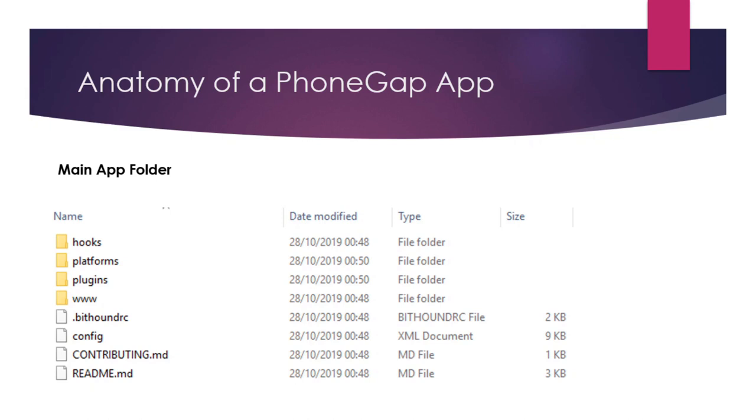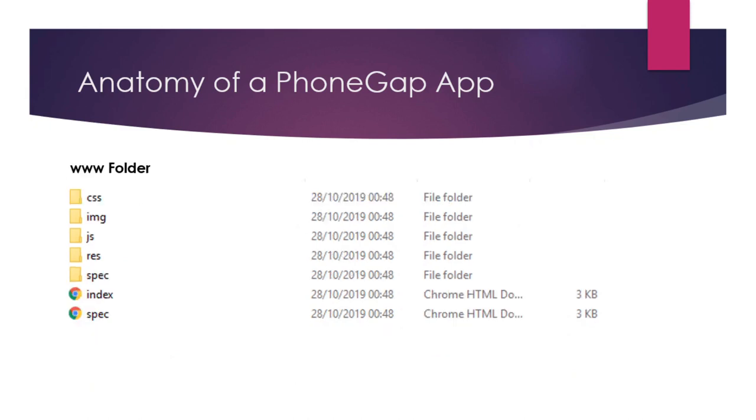Okay. So then we can look at the www folder. The www folder is actually your final application. It houses your files: your HTML files, your CSS, JavaScript, your images, your resource folder.